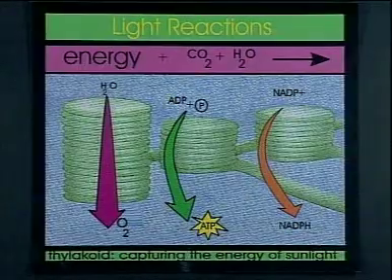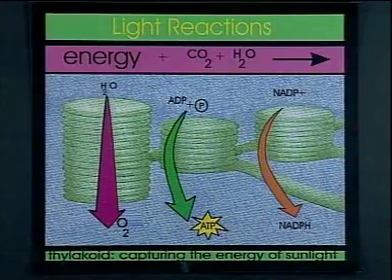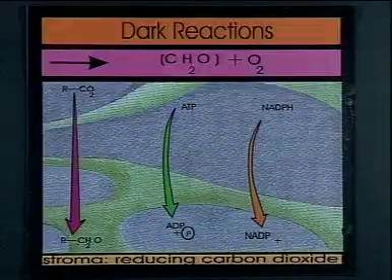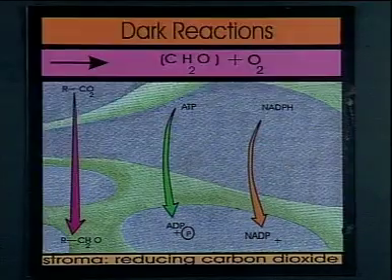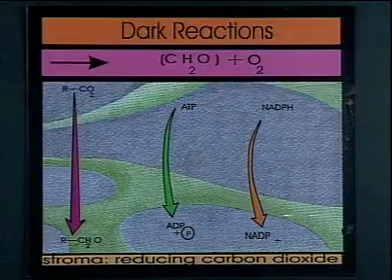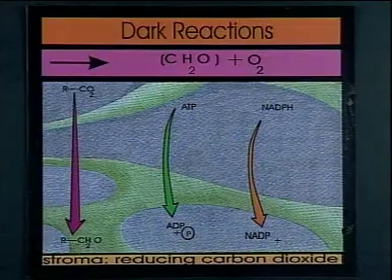The first set of reactions, which takes place in the thylakoid, is called the light-dependent reactions, or simply light reactions. The second set of reactions, which takes place in the stroma, are called light-independent reactions, or dark reactions, because they do not utilize solar energy.